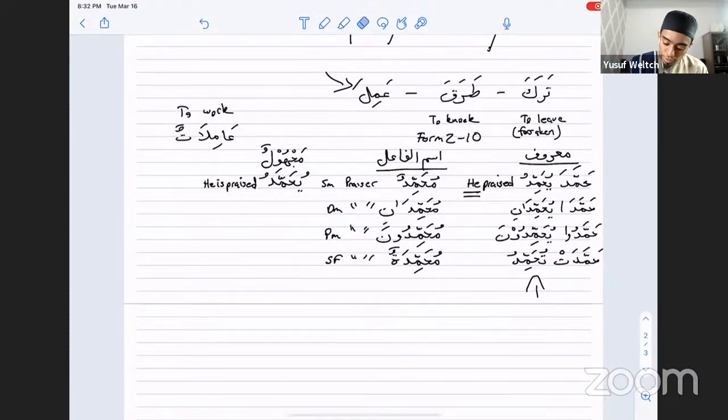Then the same thing applies to the rest. Yuhammadani, again making sure to make the meem a fatha. Yuhammadani as opposed to yuhammidani changes the meaning completely. And then what's the plural? Yuhammaduna. And then the feminine singular would be tu.